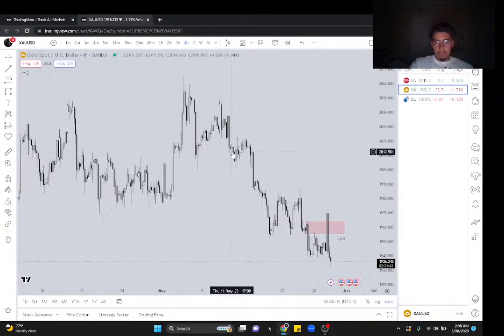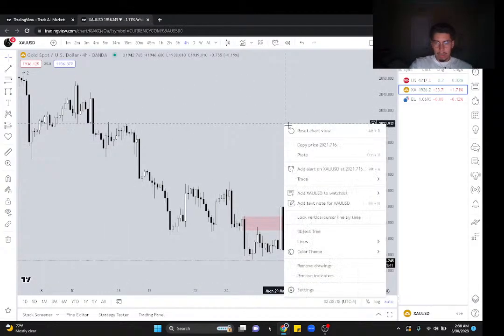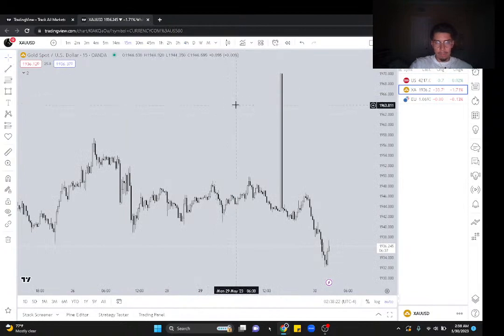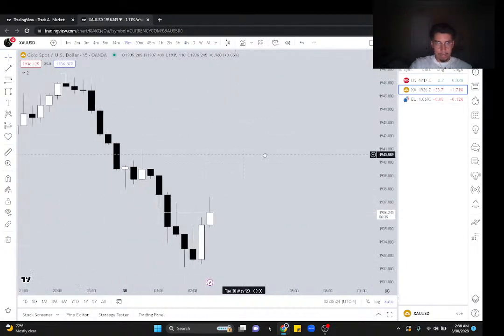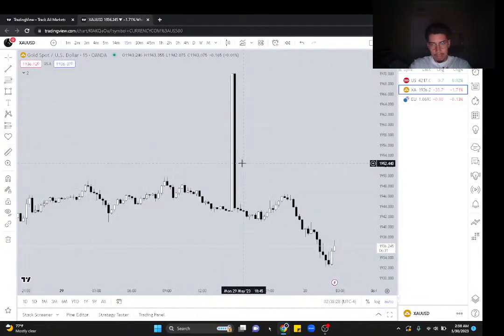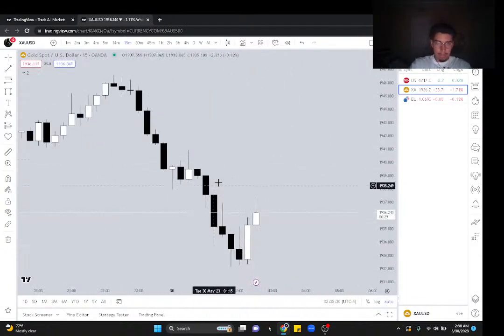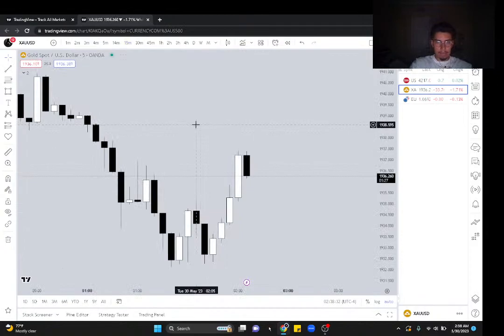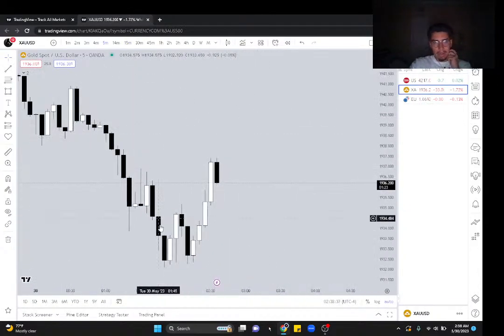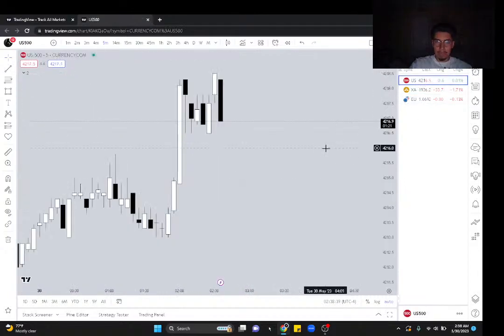I just wouldn't want to trade this right now, honestly. Until I have more of a clear context on gold, I would focus on this. But as of now, it looks like something you just don't want to be a part of. Not at all. Looks very choppy. Very overextended, definitely from the downside. And for that reason, I just wouldn't try to capitalize on this right now. Not one bit. No, it doesn't attract me at all.